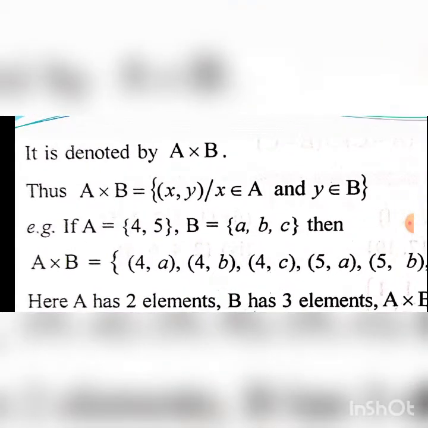A cross B means Cartesian product between the sets A and B. So A cross B will be equal to what? The set of ordered pairs (x, y) such that x belongs to A and y belongs to B, means first element belongs to first set and second element belongs to second set.